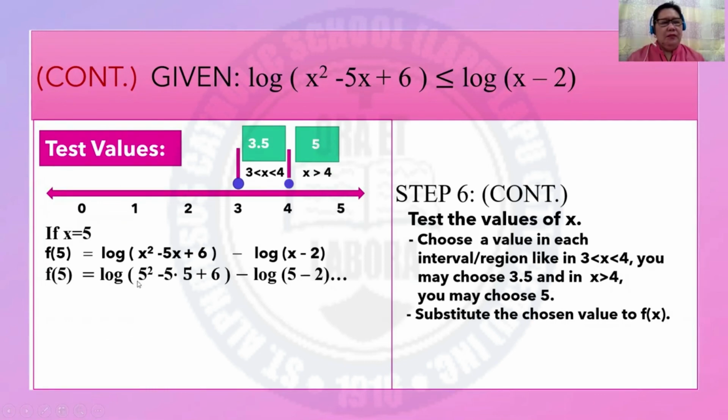Then, substitute 5 to x, and here, change x to 5. And then, taking the log of this expression minus the log of this expression, it will give you 0.30. Again, you can use your calculator to check the value.